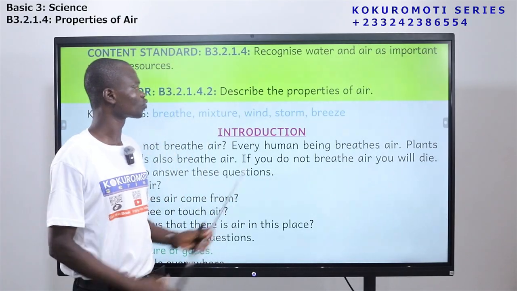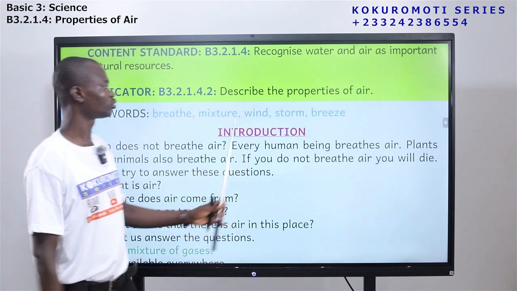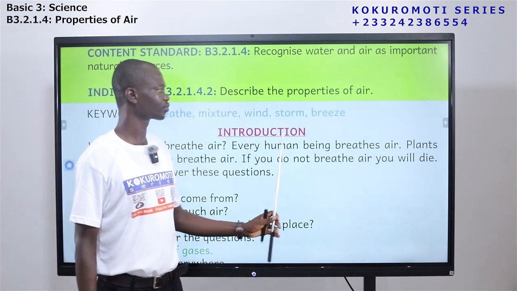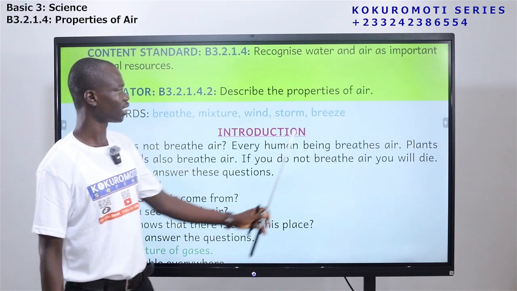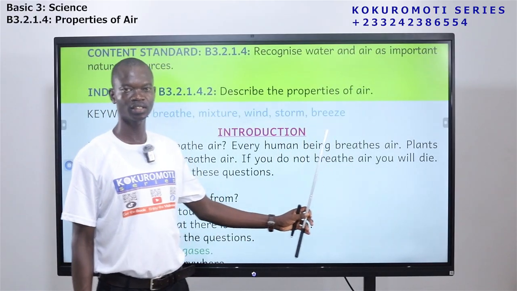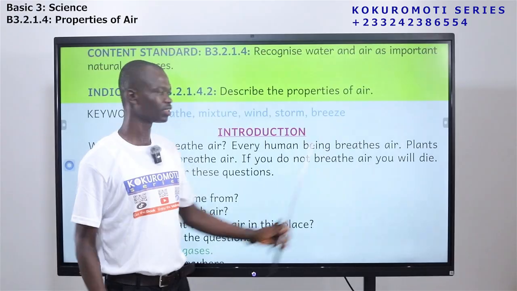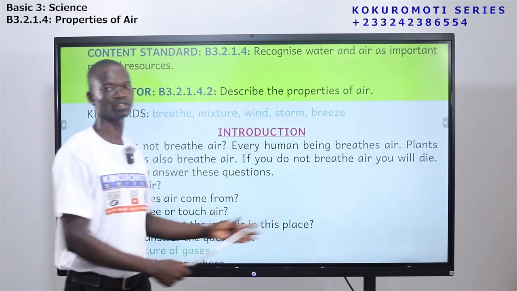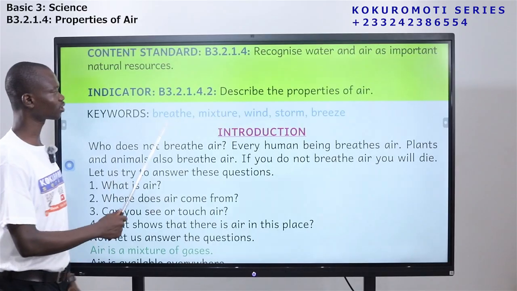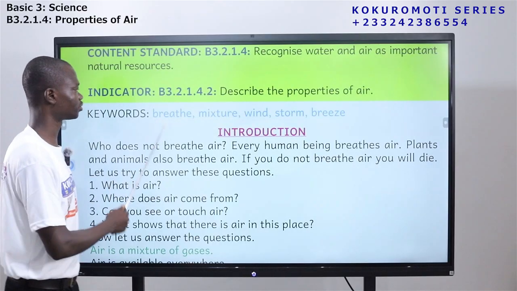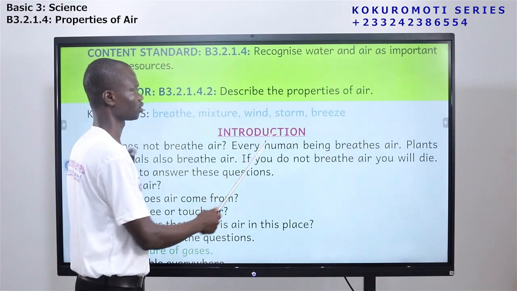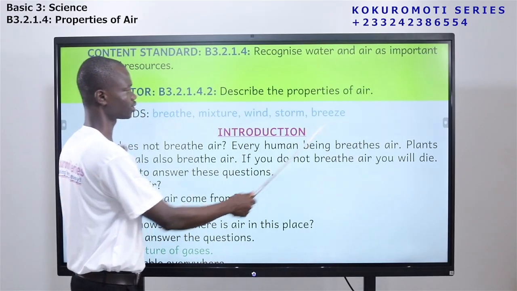Wind, all of you, wind. The next word is storm. And then we have breeze. We shall see the meaning of these as we continue. So let's go over again: breathe, mixture, wind, storm, breeze.